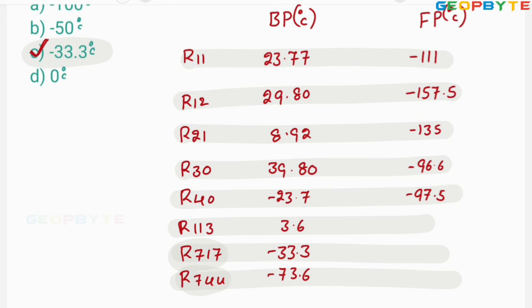For R113, it is minus 35. R717, minus 77.7. R744, minus 56.7. Try to remember these values. So these are the boiling points and freezing points of different refrigerants.